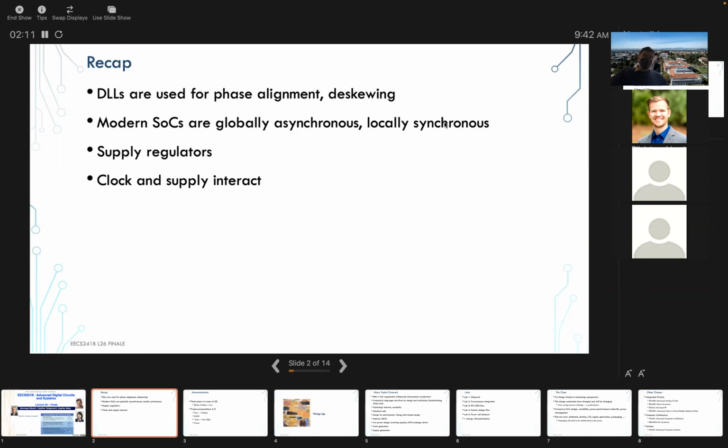Then when we really don't have an option to do the deskewing, modern SoCs go globally asynchronous, locally synchronous, which means that there is a PLL that generates a clock for each of the tiles or cores, the units of the synchronous world in those SoCs. And then they go through asynchronous clock crossings between the tiles.